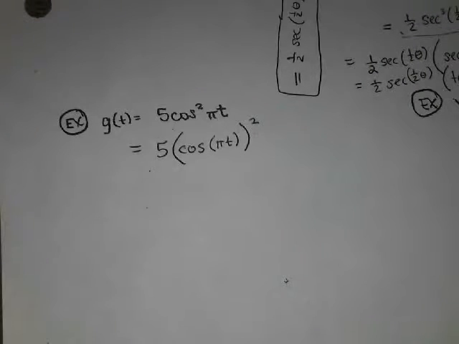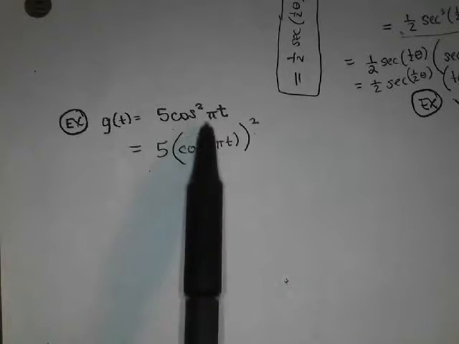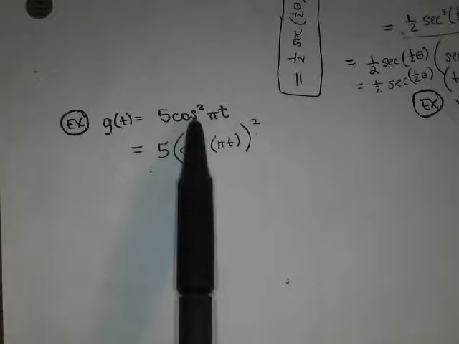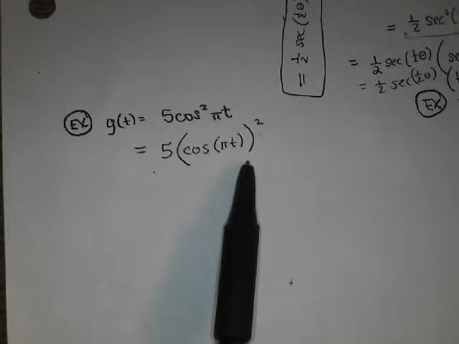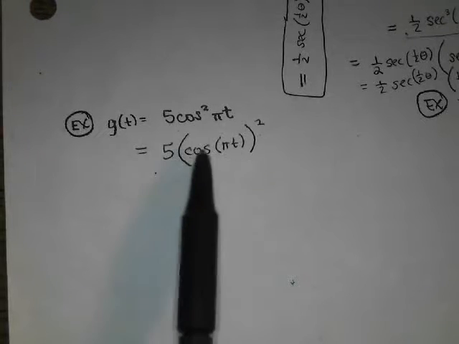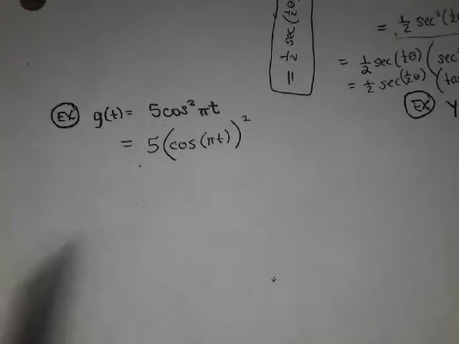For whatever reason with trig, when they want to square the whole cosine part, they always put the squared right after the cosine. But it does mean the same thing as this, agreed? Where you take the value of this and then you square the value. Are we okay with that?